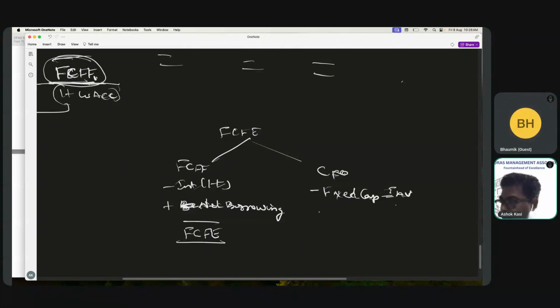Then plus or minus net borrowing. That means again plus net borrowing if we are borrowing more, minus net borrowing if we are repaying. Now this is the free cash flow to equity.